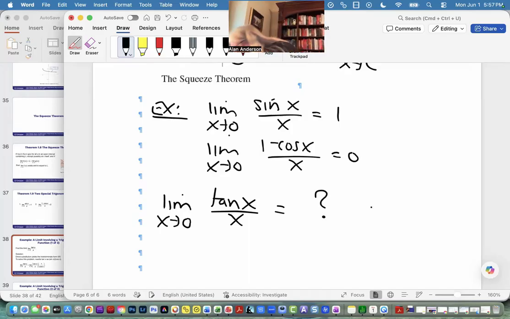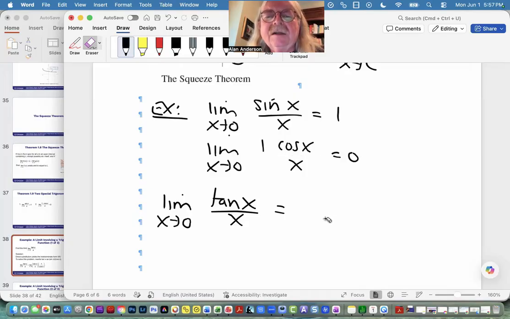Now, if you have your calculator right there, the tangent of 0 is 0. Okay, I just want to remind you about that. So direct substitution will put us into big trouble because you can see we'll end up with 0 over 0.